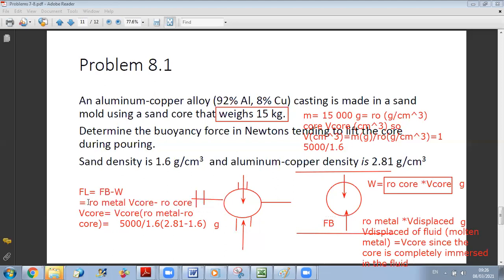So I will put g here and g here. So my total result will be, here also I should pay attention to units. Okay. If I want my force in Newton, what should I do? Who will tell me? If I want to have my total force in Newton, what conversion should I do?